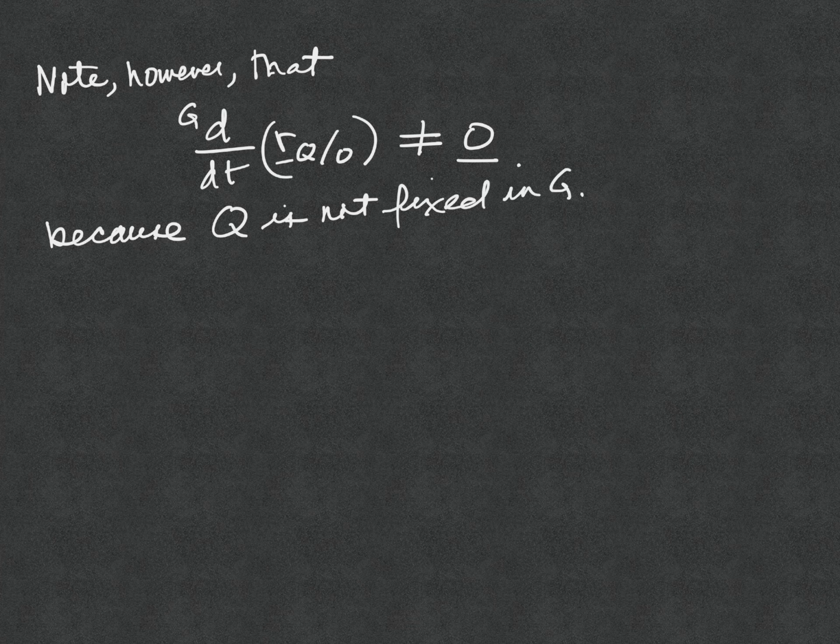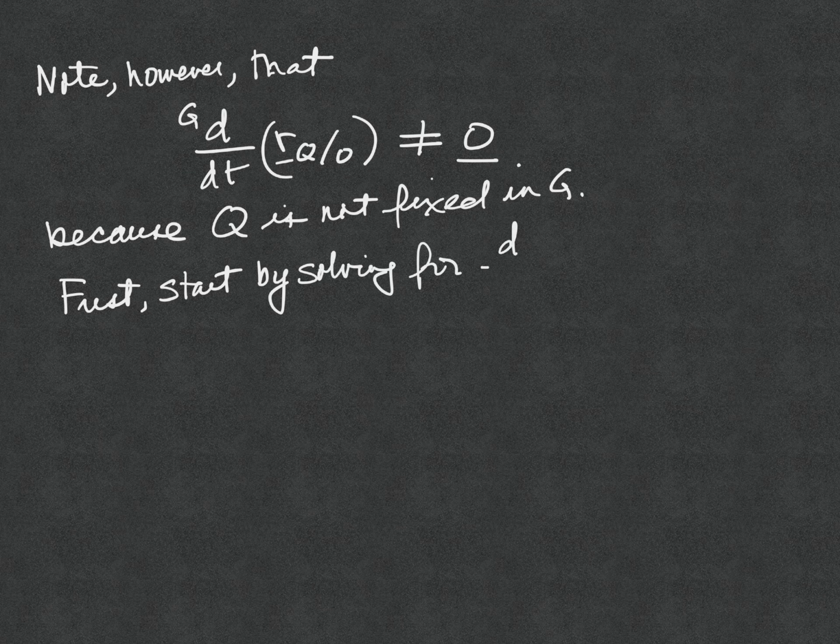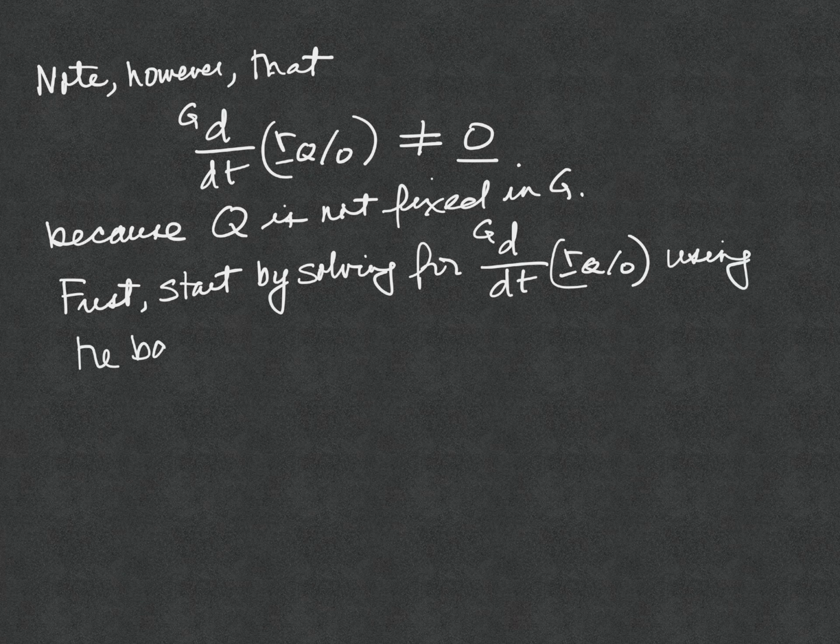Now, one way to do this, which is not the correct way or not a good way to do this, is to just naively work with this basis, EX, EY, EZ. So we can do that. So first, start by solving for the rate of change in G of the position of Q relative to O using the basis EX, EY, EZ.